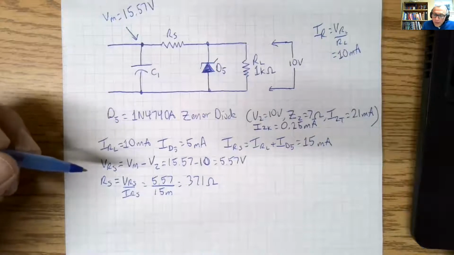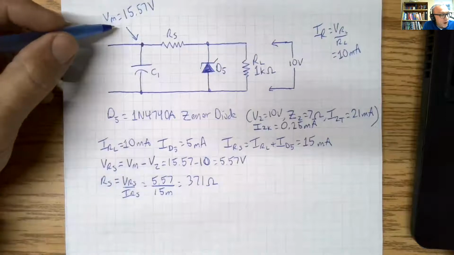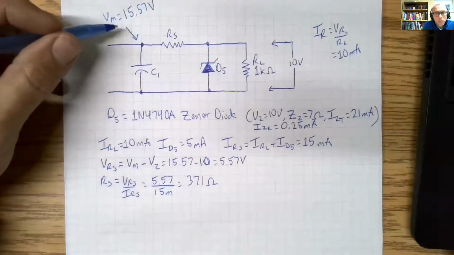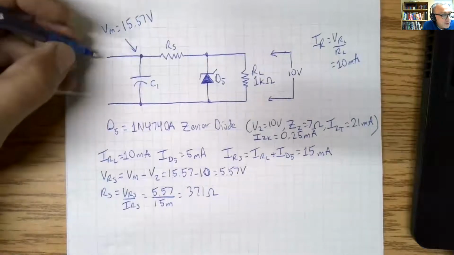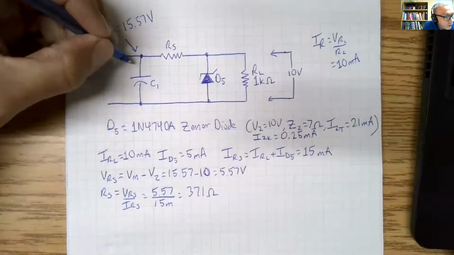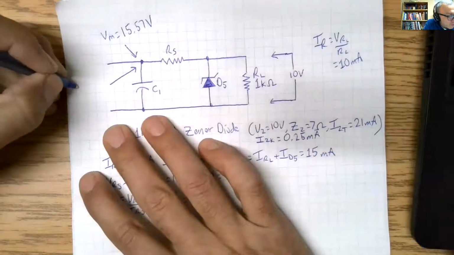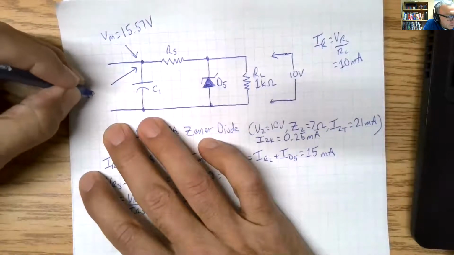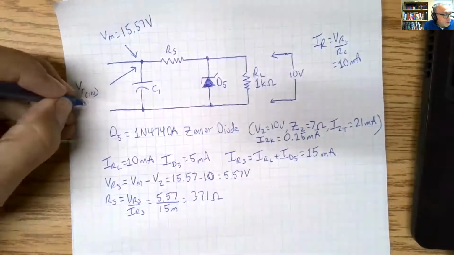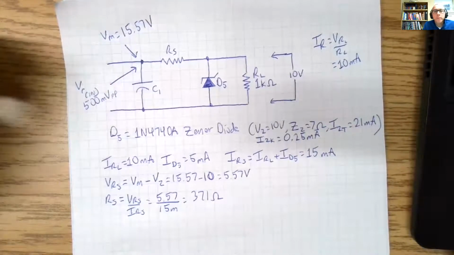Now, to calculate the capacitor, we said that we wanted 500 millivolts ripple, peak to peak, coming in here. So the ripple there, we're going to call that V subscript r in, is 500 millivolts peak to peak.